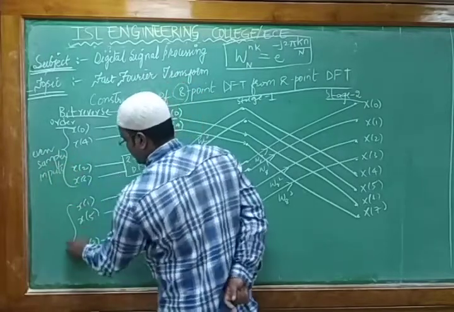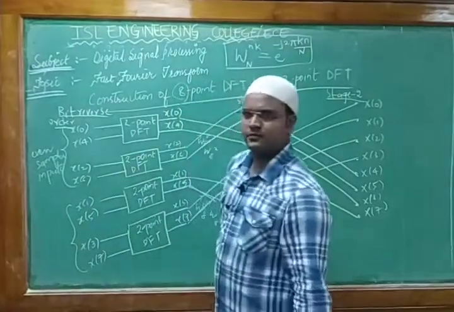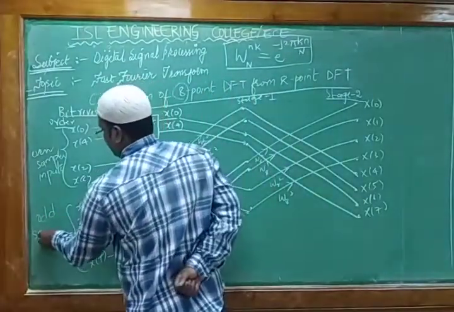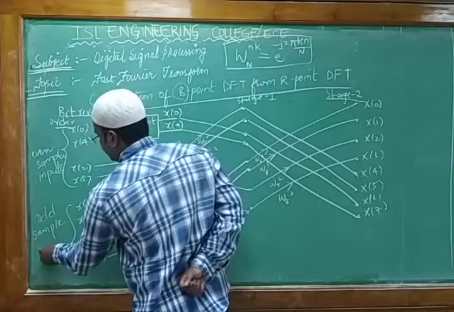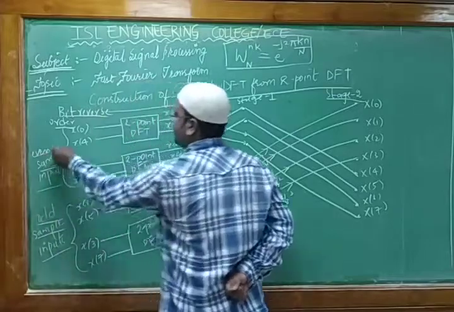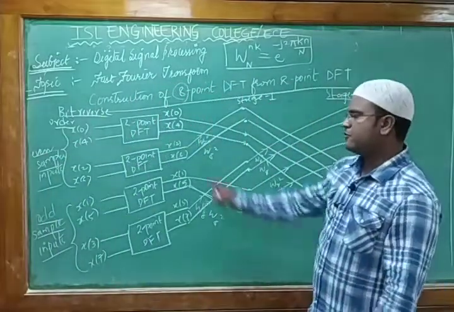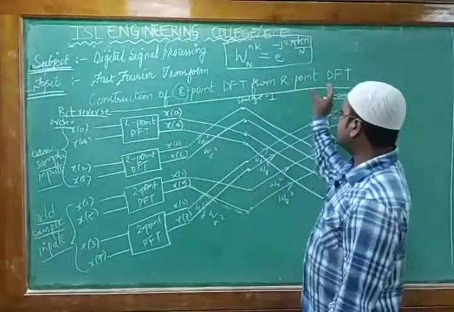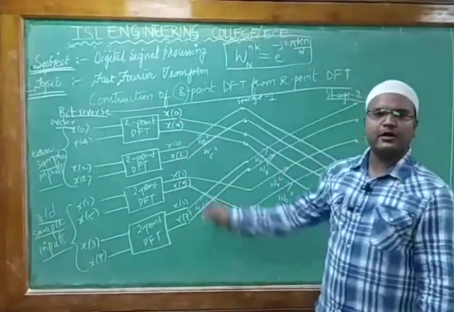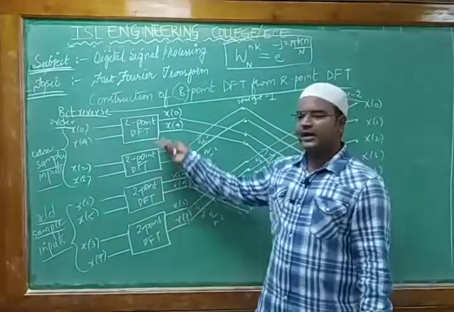The next ones indicate the odd sample inputs. So we have even and we have odd, and we wrote both the values. Then since they asked to design for 2-point, we have taken 2-point, 2-point, 2-point, 2-point. Combining the whole thing, it's nothing but a 4-point.